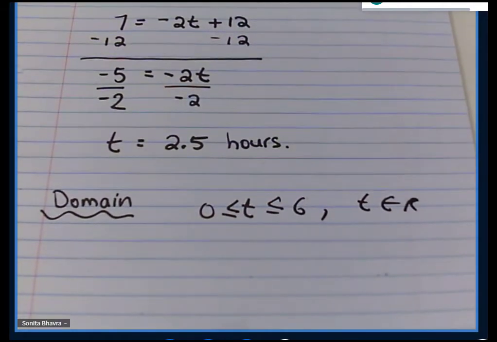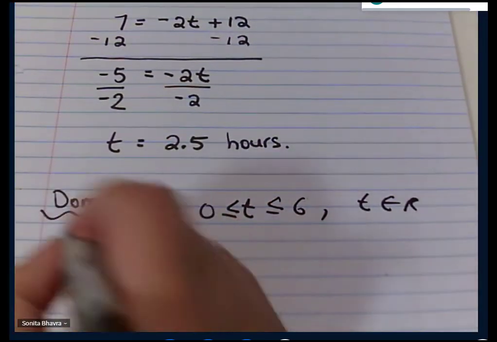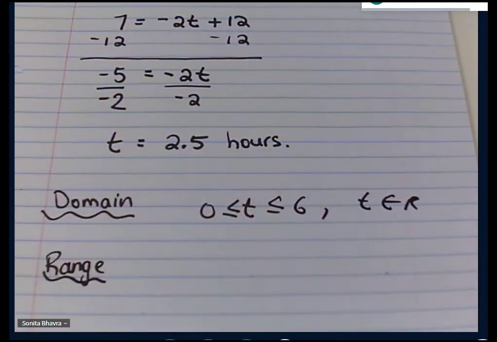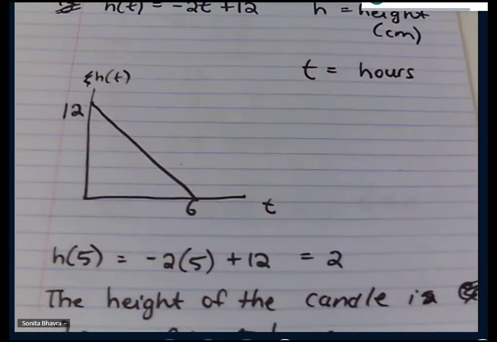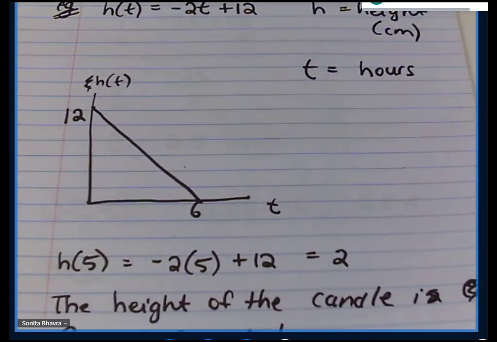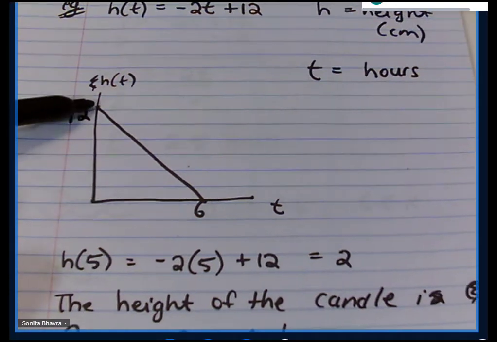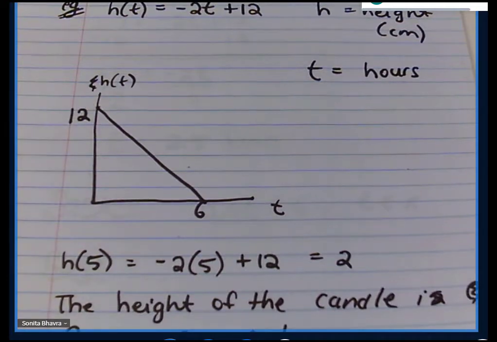And then our range here, when we look at our sketch of our graph, the highest point is 12 down to 0. So our height, maximum height is 12 down to 0.